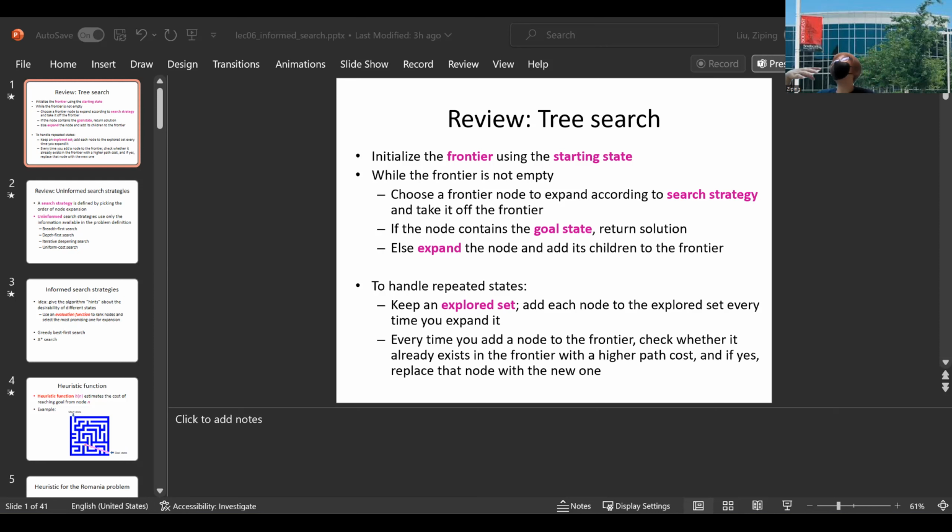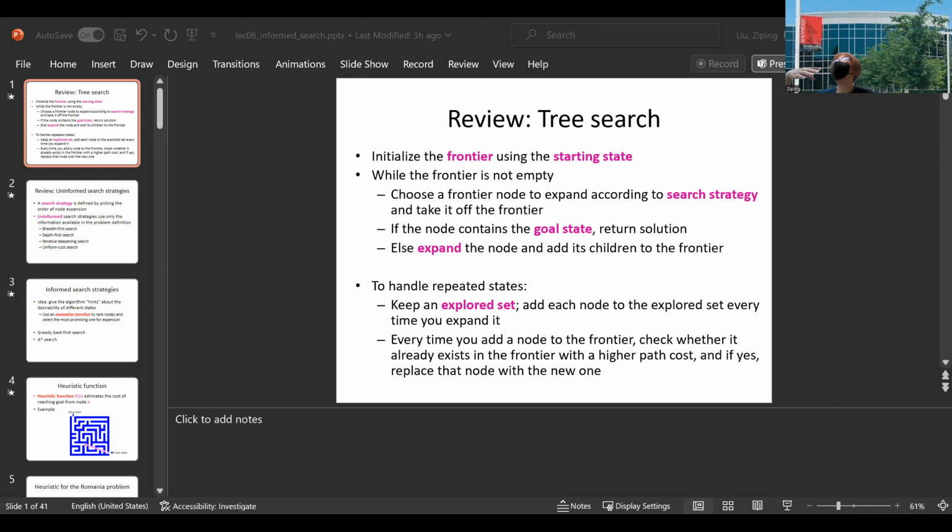Okay, so previously the discussion was about uninformed search strategy. And here we are going to start discussing another topic: informed search strategy.